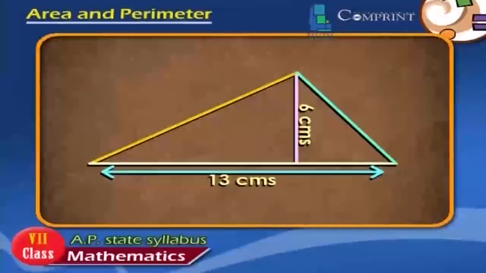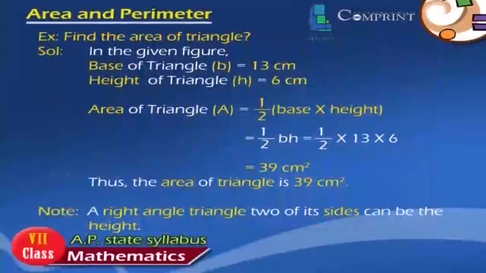Solution. In the given figure, base of triangle B is equal to 13 centimeters. Height of triangle h is equal to 6 centimeters.